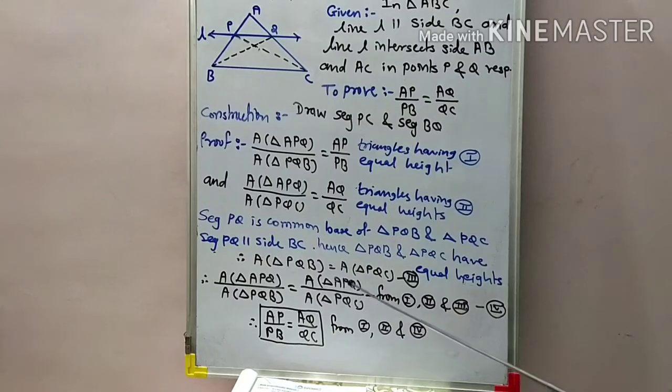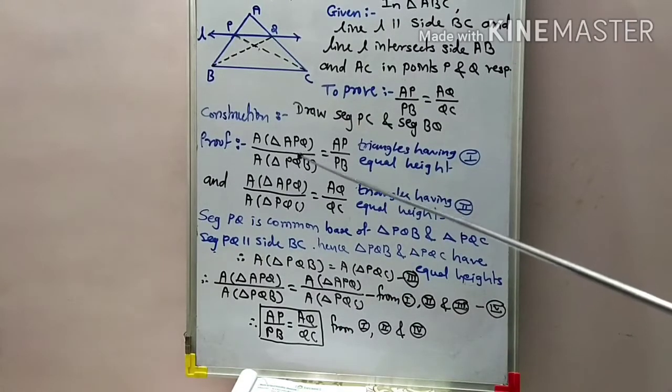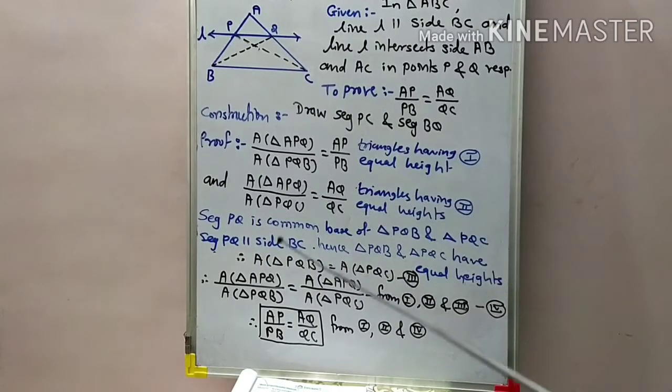Hence we can say that the denominator triangles have equal area, that is, area of triangle PQB equals area of triangle PQC, number it as 3. Therefore from the first and second, the left hand side, area of triangle APQ upon area of triangle PQB equals area of triangle APQ upon area of triangle PQC, because the numerator is the same, and in the third we proved that the denominator is also the same, so the ratio is the same; we number it as 4.